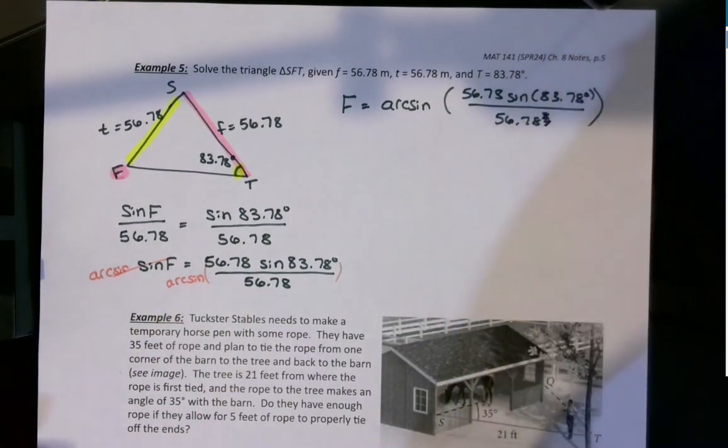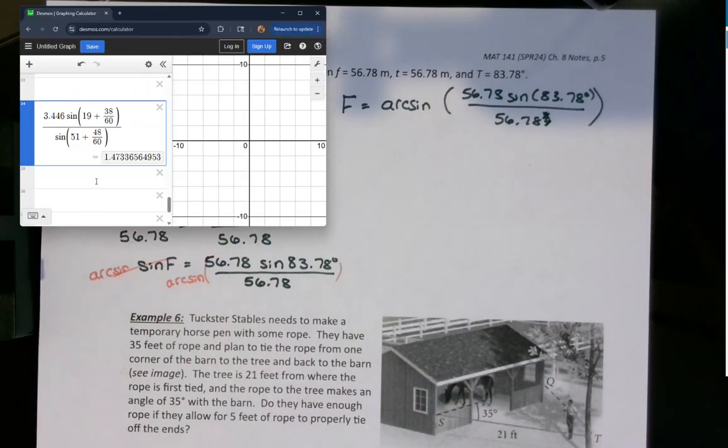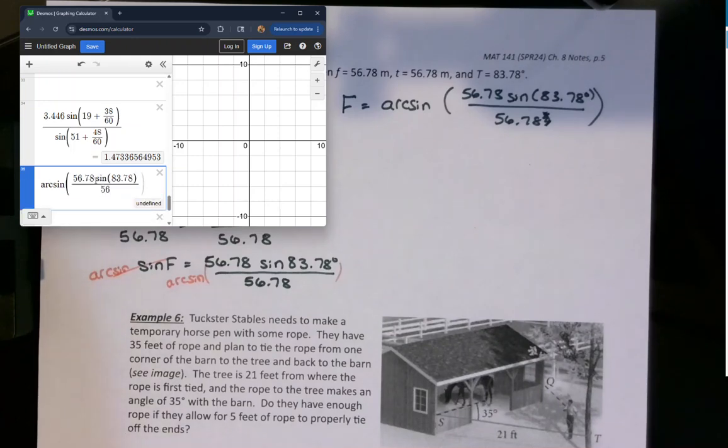I guess I didn't need that parenthesis there. All right. So arc sine of 56.78 times the sine of 83.78 over 56.78.